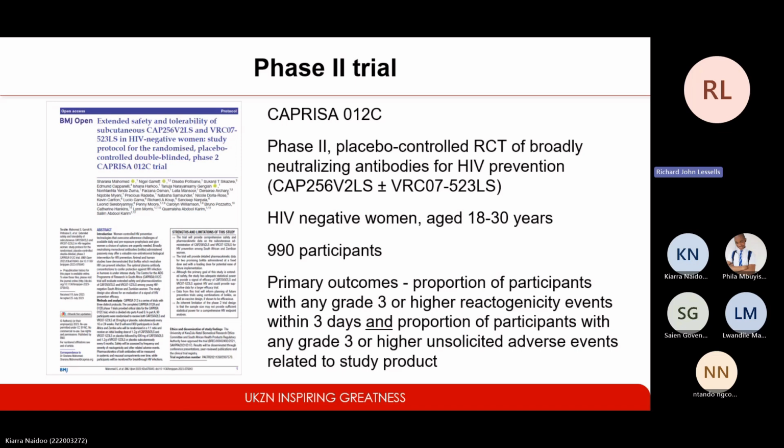So let's say take away the intervention and we're following 1,000 women aged 18 to 30. How many of those do you think would become HIV positive by the end of the first year? Roughly. Say again. 300. That's a lot. Okay.